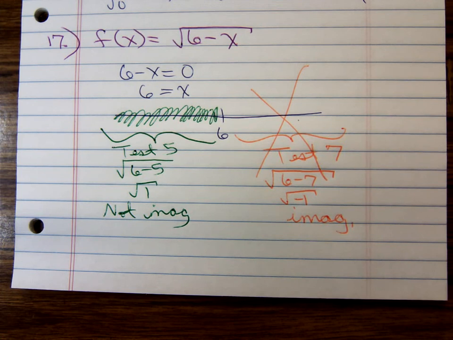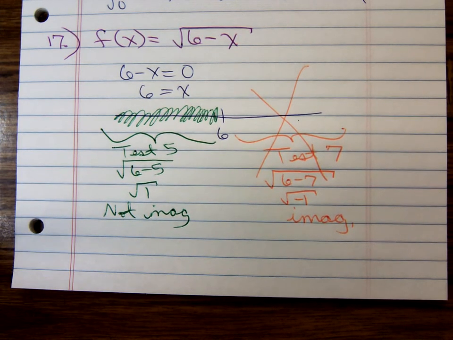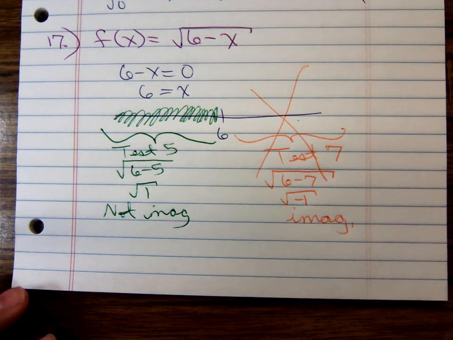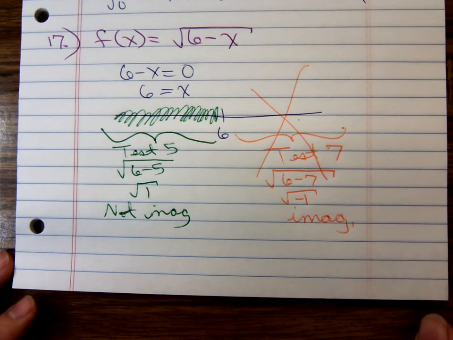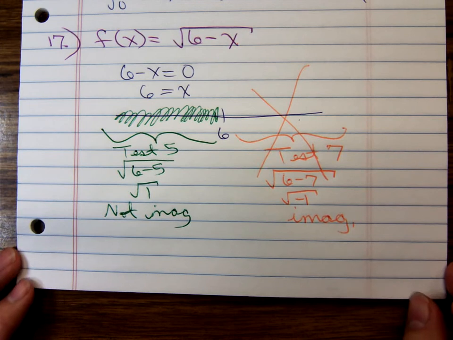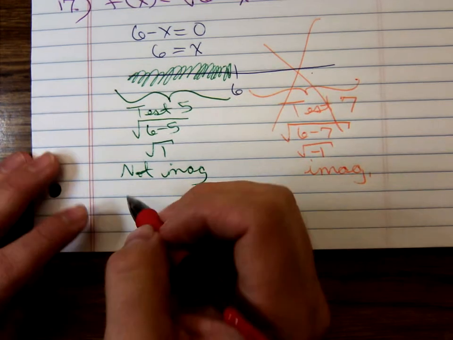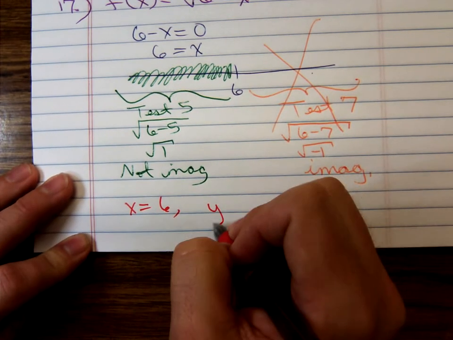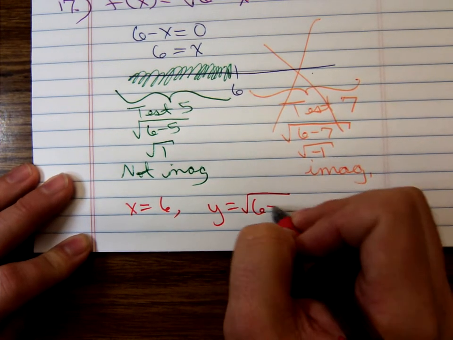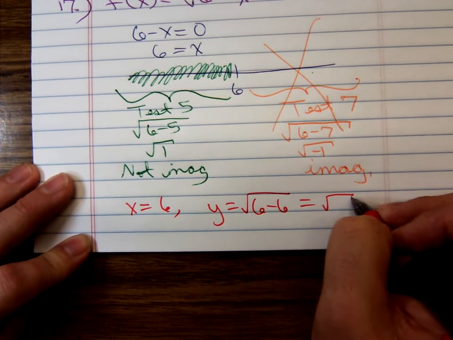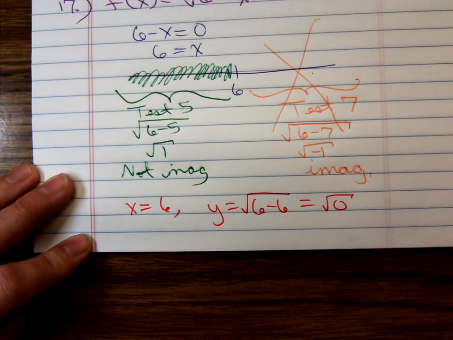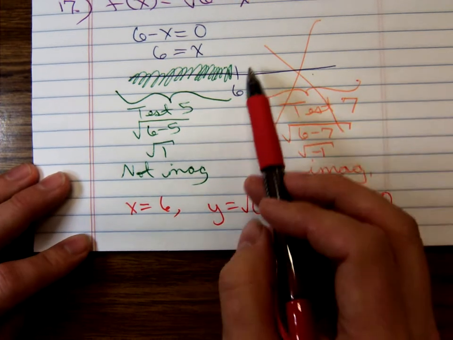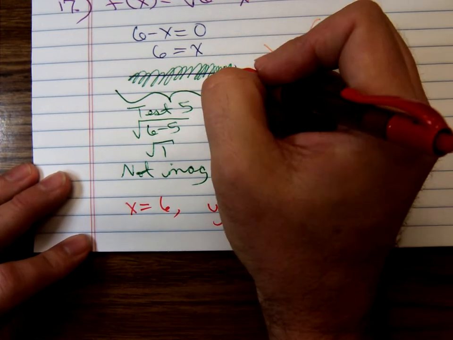All that's left to decide is, is 6 okay as an x value? If you plug in 6 for x, do you get a y value back that you can label on the y-axis? So if x is 6, you'll have y equals the square root of 6 minus 6. That's the square root of 0, which is 0. That's a real number. So how are we going to label 6? Closed circle.